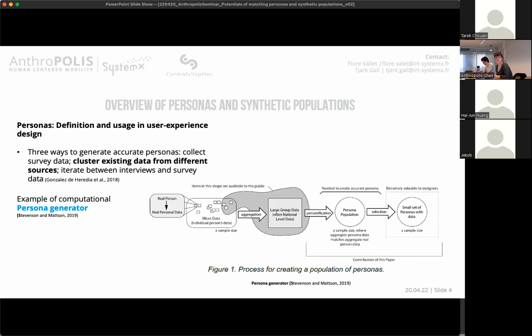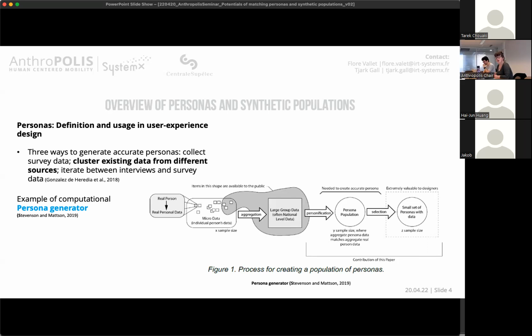Here you've got an example of this more computational way of building personas in a recent paper from 2019. Basically the idea is to generate a persona population out of existing aggregate national data.